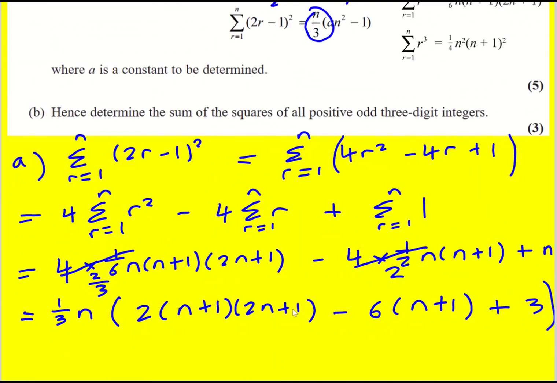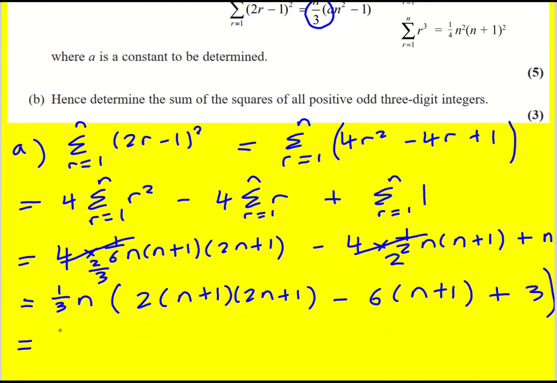Right, we've got to tie this up now. I'll write it as n over 3 because they did. Okay, so let's multiply this bracket out. 2 lots of 2n squared plus n plus 2n, so that's 3n plus 1, minus 6n minus 6 plus 3.